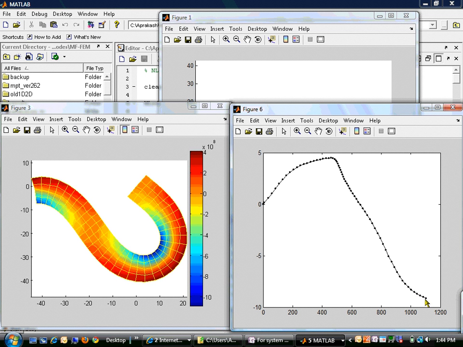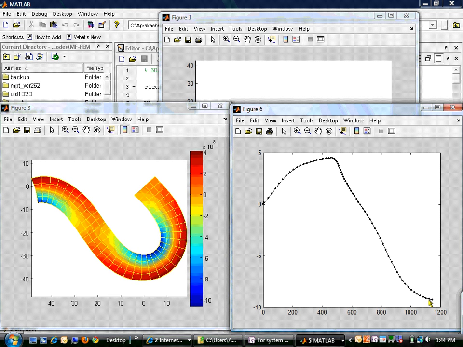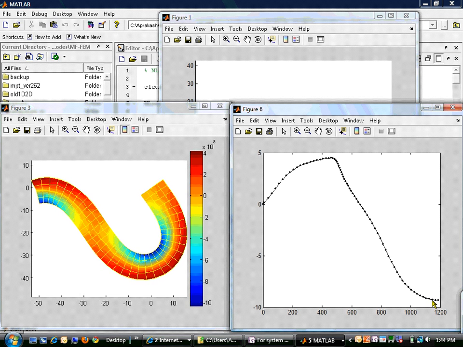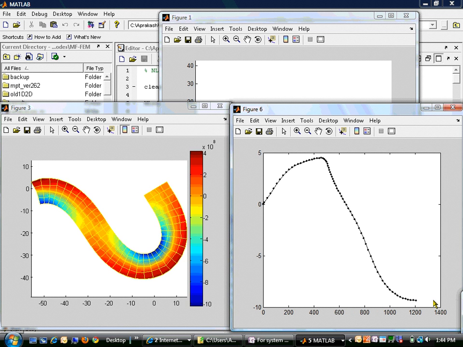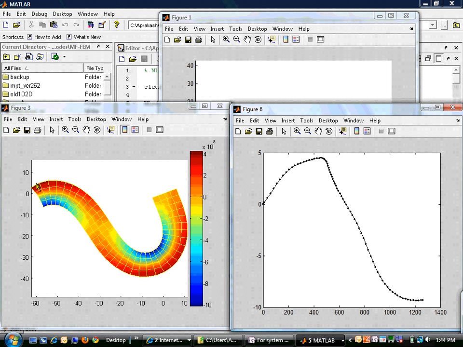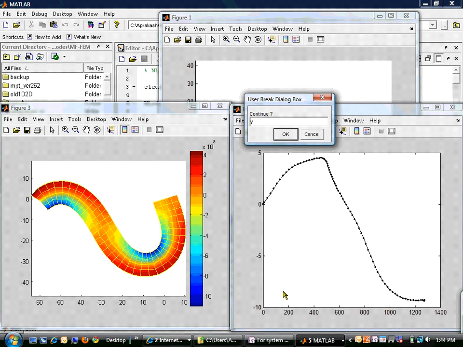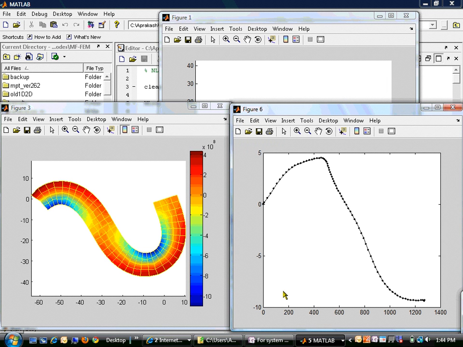So here also, in this problem, this is obviously a very basic code, so it also has some convergence problems. And I think very shortly you should see that it will fail to converge. Okay.